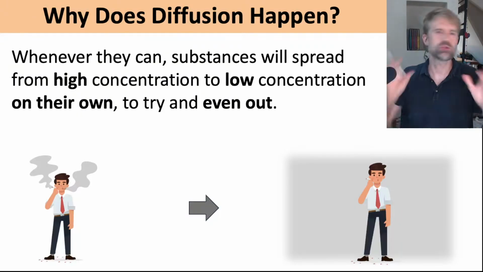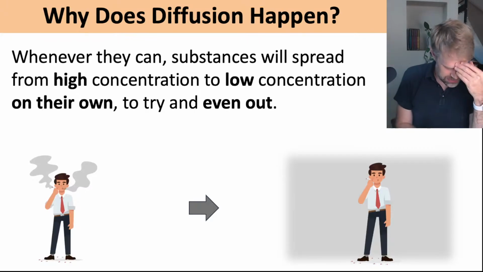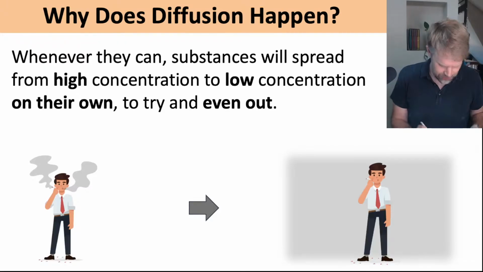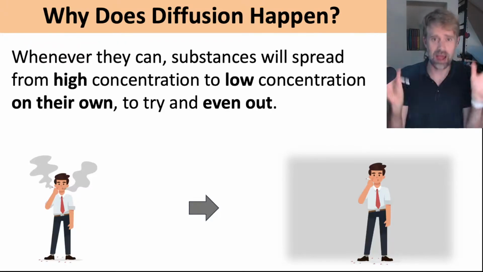Now, concentration might sound a little fancy, but all we're talking about really is the amount in a certain area, certain volume, certain place. So let's think about this dude's cigarette, right? When he first lights up, you can see we got a little cloud of smoke right near him.